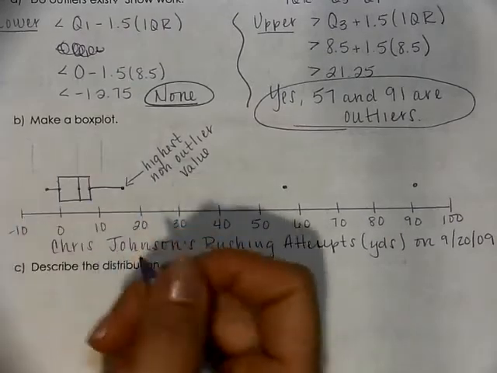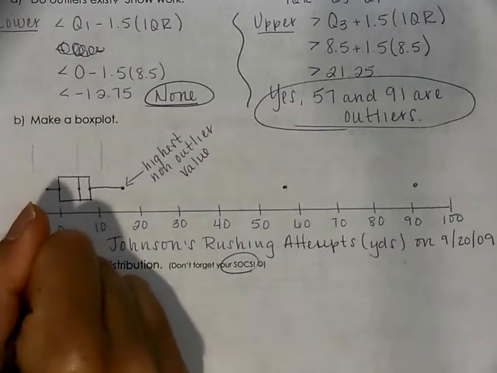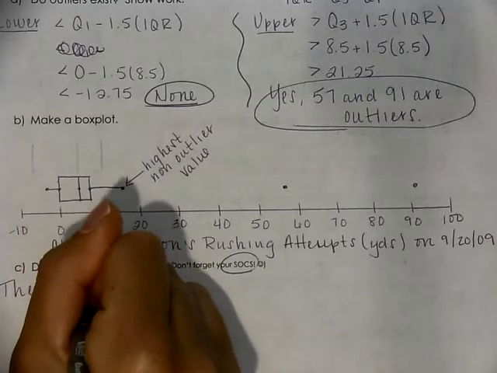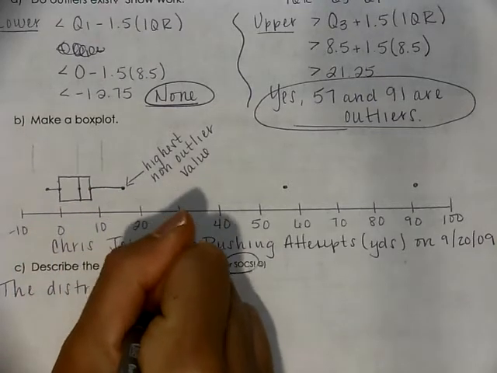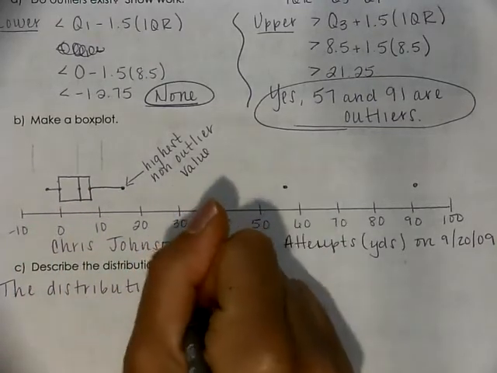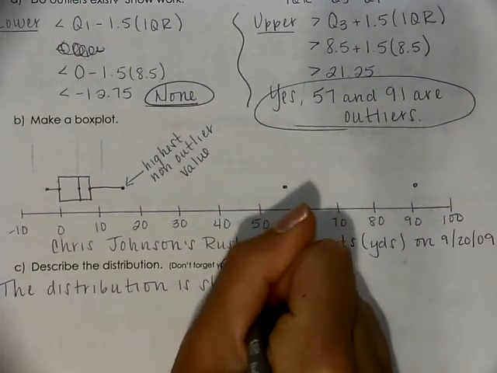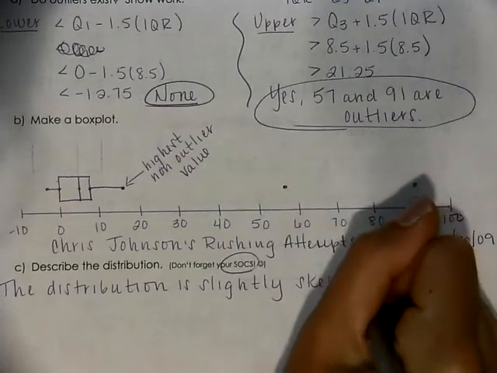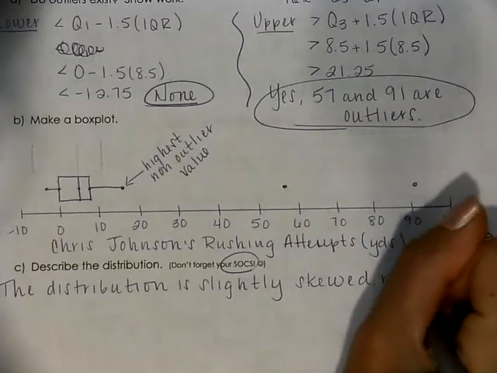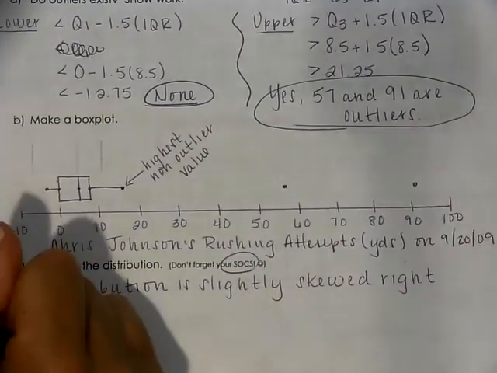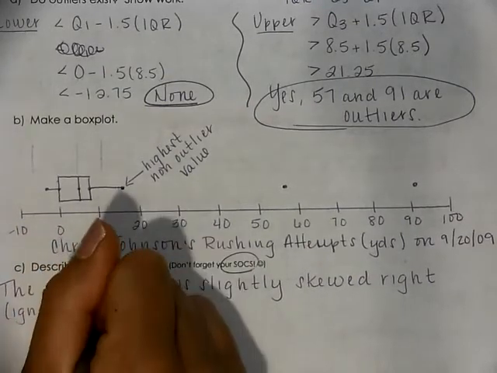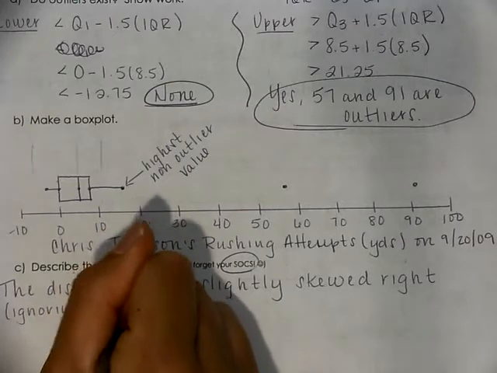So the distribution is slightly skewed right, and remember, that's even with ignoring the outliers, because the outliers can affect so many things.